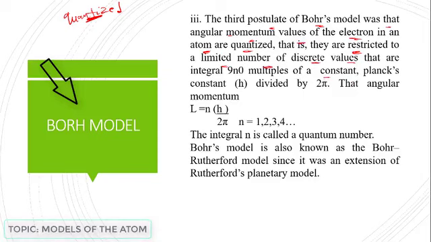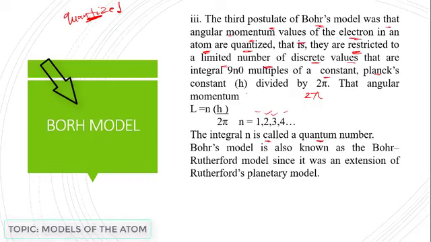They are multiples of a constant, which is Planck's constant, divided by 2 pi. Dividing by 2 pi means it's going to give us an angular momentum, since it moves at an angle. N, on the other hand, is the integral number or quantum number, which represents energy levels, where we have energy level 1, energy level 2, level 3, and level 4, respectively.